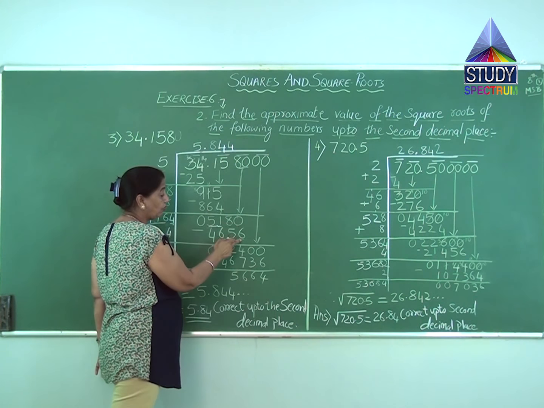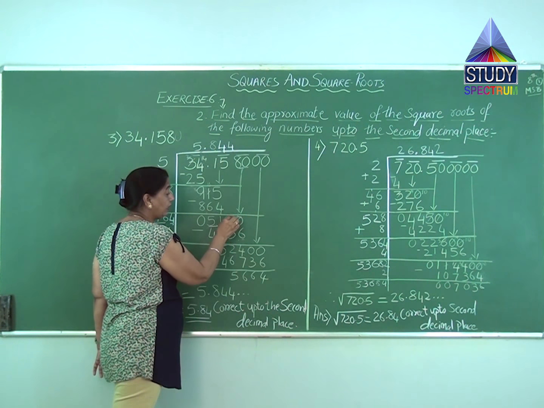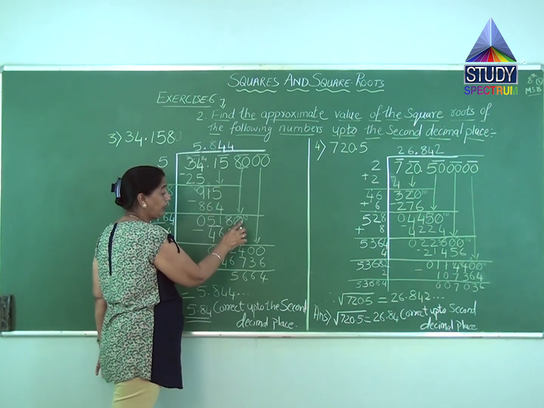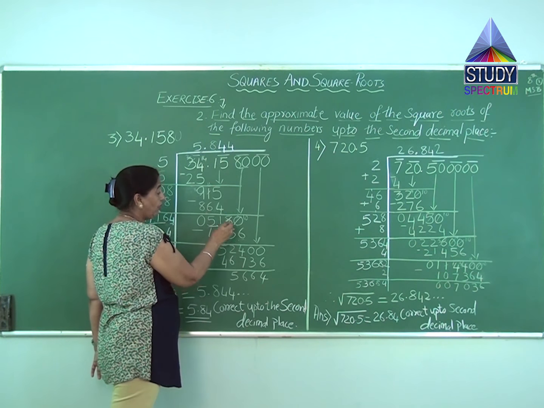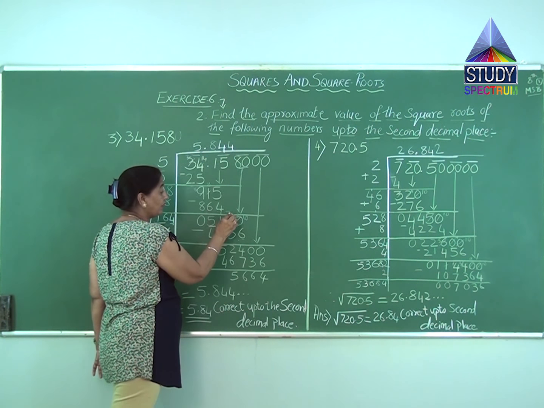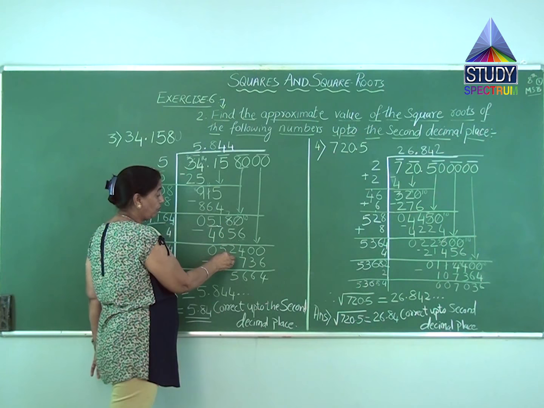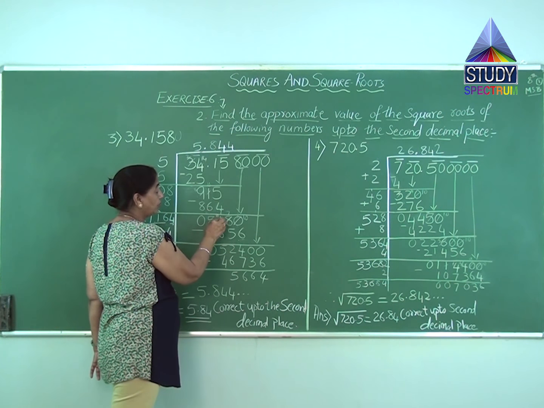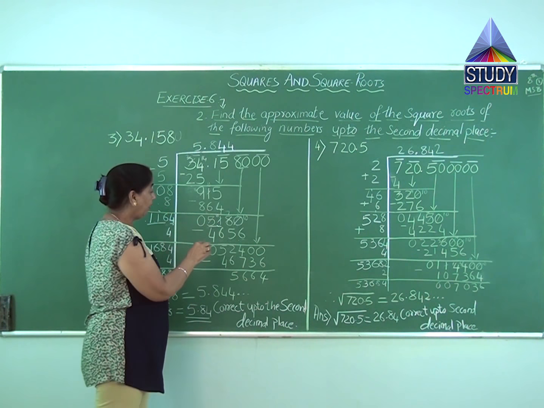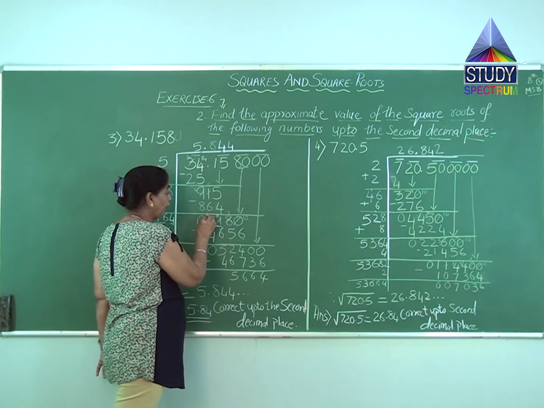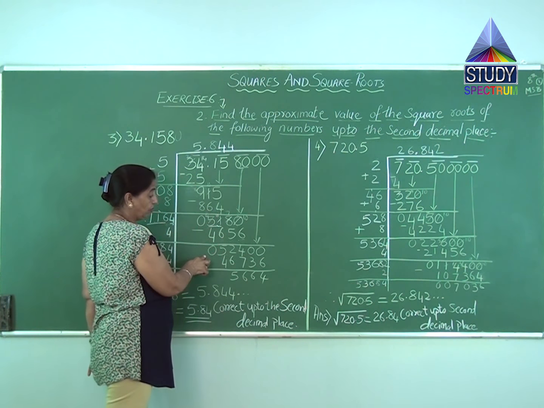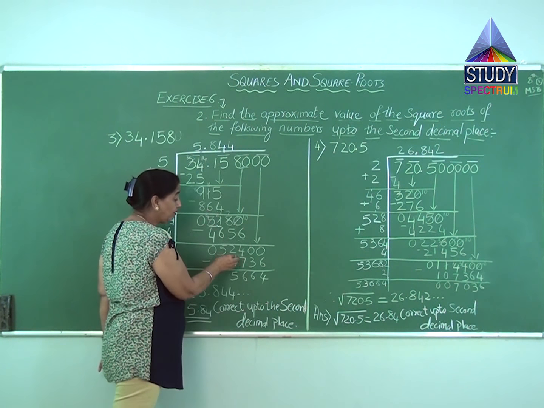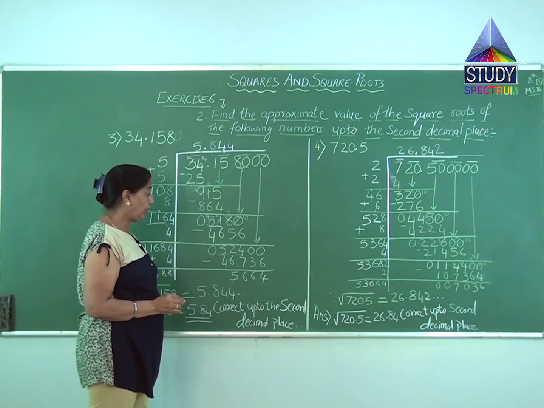Now from 0, will 6 go? No. So I'll take 1 from here, it becomes 10. 10 minus 6 gives me 4. Here there is 7. 7 minus 5 gives me 2. And from 1 again 6 will not go. I have taken 1 from here. So it has become 11. 11 minus 6 gives me 5. Here 4. 4 minus 4, 0. So now the remainder is 524.